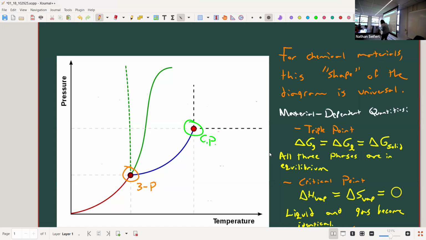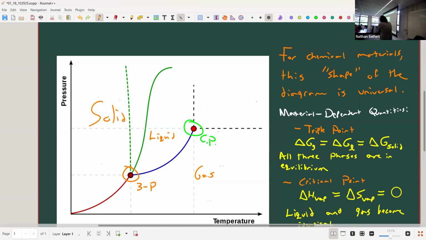Because we saw that this curve, the thing that connects liquid and gas, disappears at some point. So again, liquids are ephemeral. They only exist in a certain set of conditions. Liquids are special. Liquids and gas eventually converge, and then there's no distinction between the two anymore.